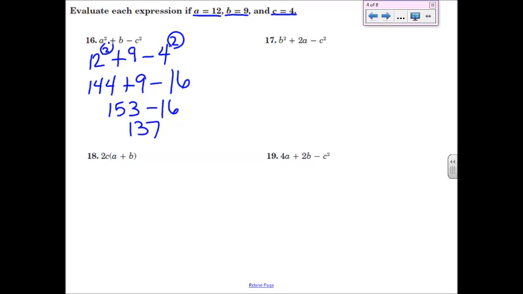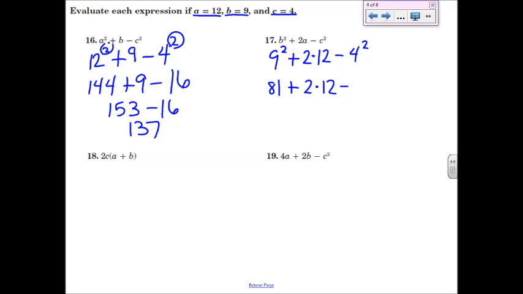In number 17, we have B squared plus 2 times A minus C squared. B is 9 squared plus 2 times A is 12 minus C is 4 squared. So no parentheses, but we do have exponents again, so we start with those. So 9 squared is 81.